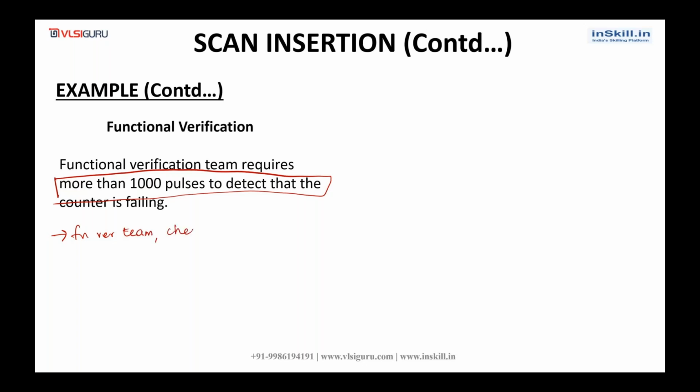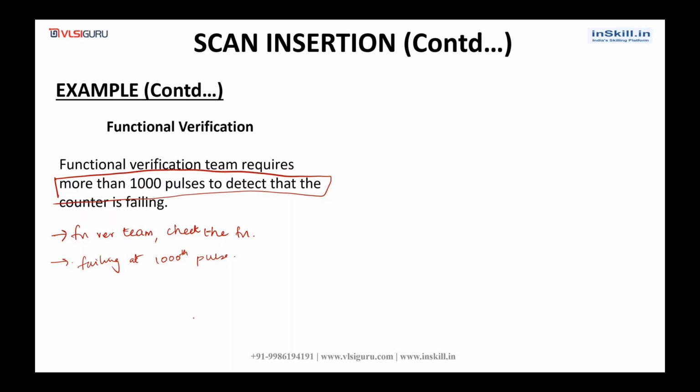Our counter is actually failing at the 1000th pulse, because at the 1000th pulse only, instead of counting 1000, it is again counting 999. So 1000 pulses are required.